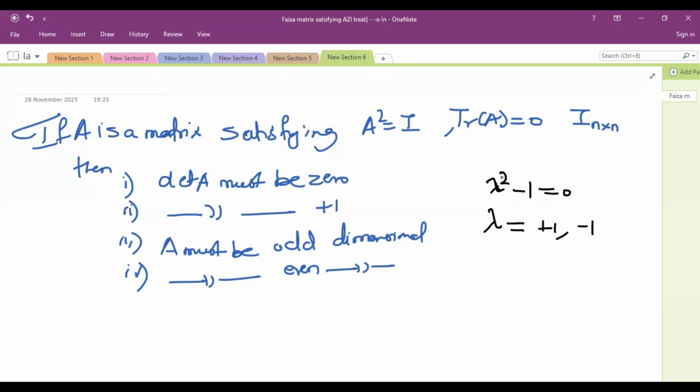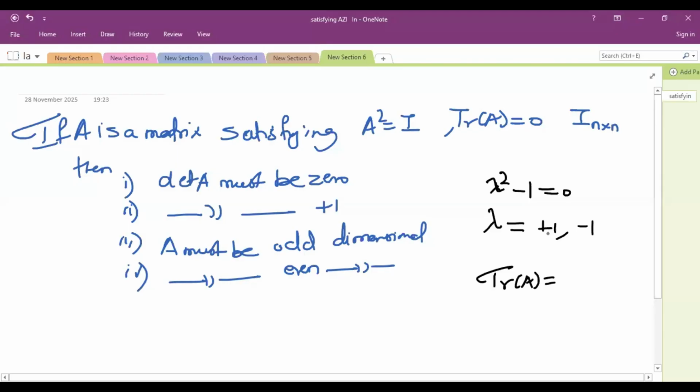Because lambda square minus 1 equal to 0, where 2 could be lesser than n, there will be degeneracy in the sense the values will be repeated. So in case plus 1 and minus 1 are repeated, and only plus 1 is repeating or only minus 1 is repeating, what will happen to the trace of A?